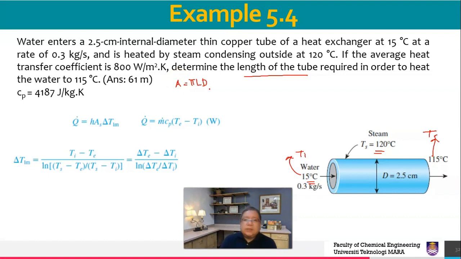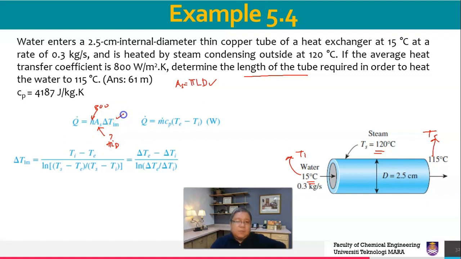Don't forget, As is pi LD. What is the value of h? The value of h is given here, 800. A we cannot know because we don't know L, so we want to determine L. D is already known, so we can use pi LD here.